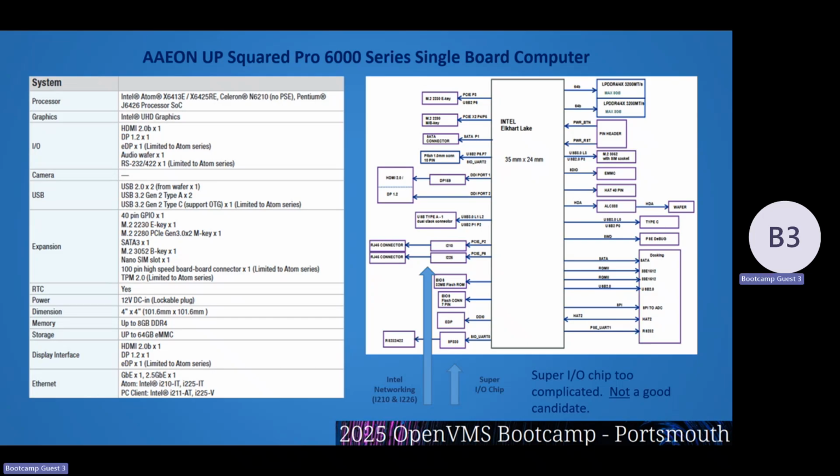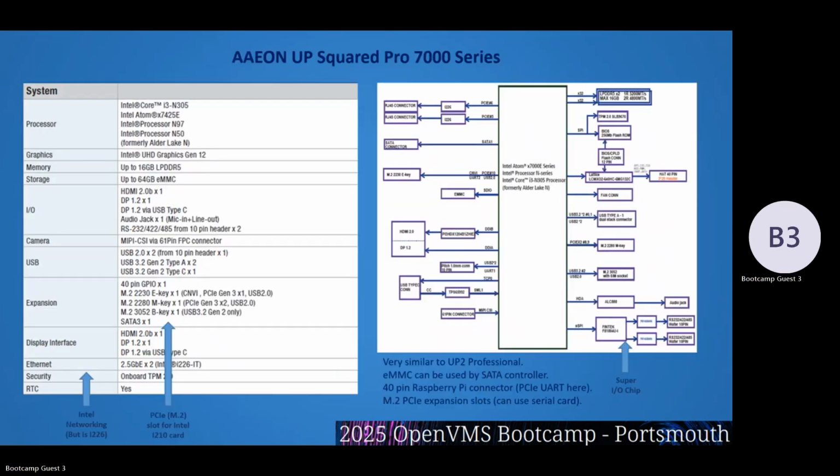But while I was looking around at the 6000, I came across the 7000. I have a really strong feeling the same hardware design team that did the UP Professional did this board. Because if you look at it, it's got the same family Super I/O chip, the Fintek, down here. It's got the same 40-pin hat connector. It's got the USB connectors. What they did do in this board is they took the eMMC port and allowed it to be attached to the SATA controller.